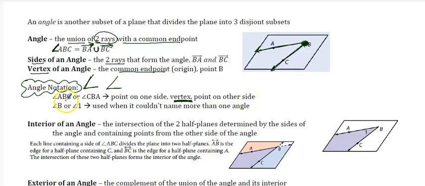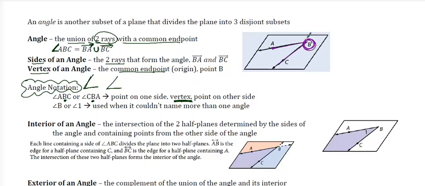It does not matter, but note, see how B is in the middle of both of these? That's because it's the vertex. So when we name an angle, it does not matter if you name it angle CBA or angle ABC. What does matter is that B is in the middle. That is the important part.